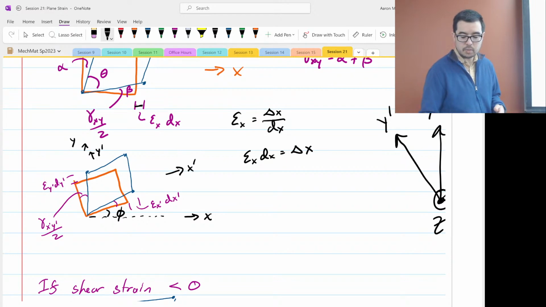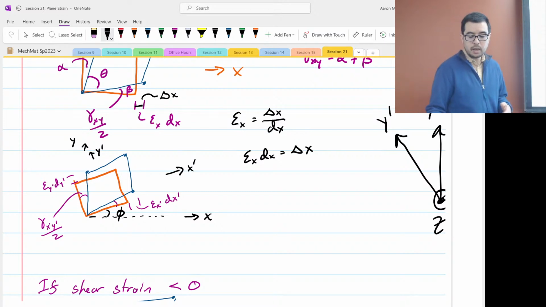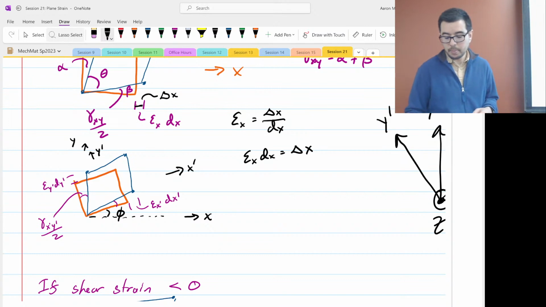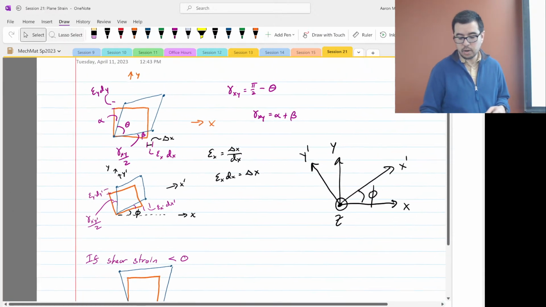That's a change in length, but I know that epsilon x is essentially this change in length over the dx. Was that helpful at all? Okay, good. Thank you for asking.